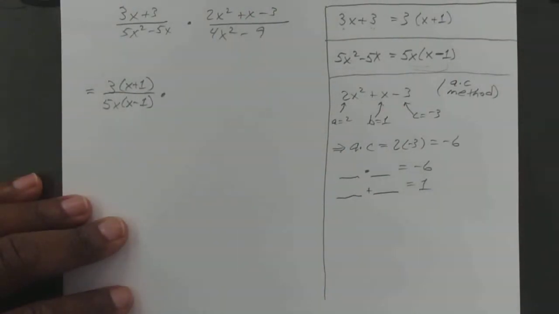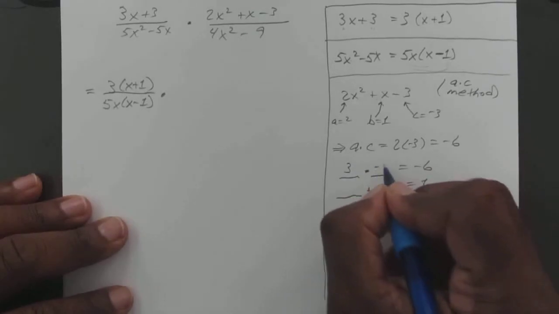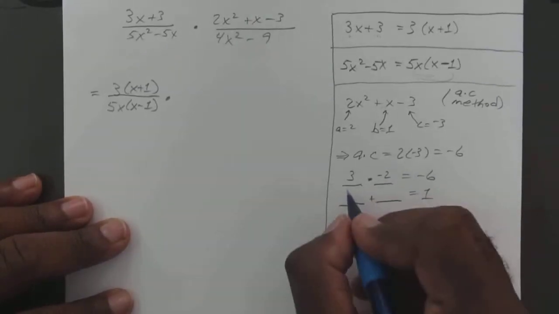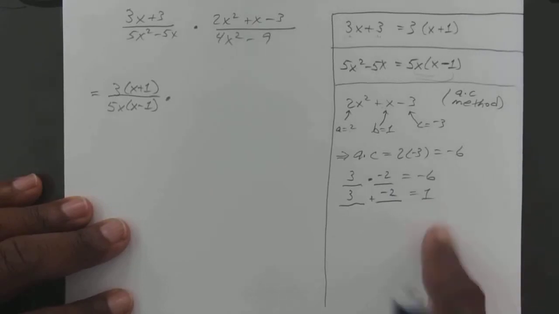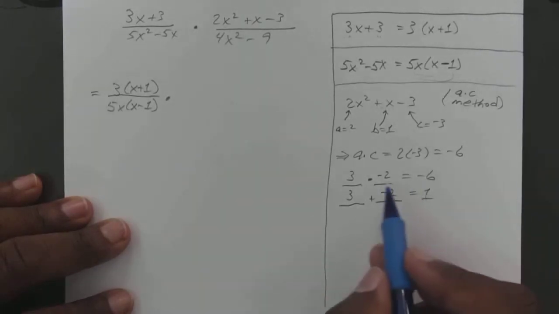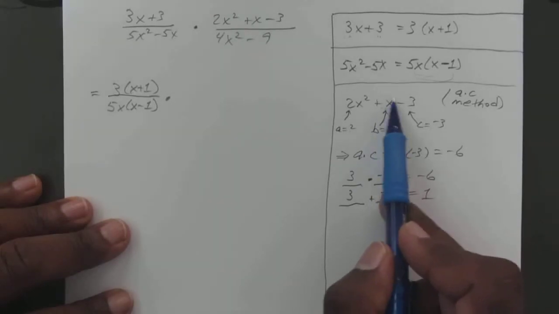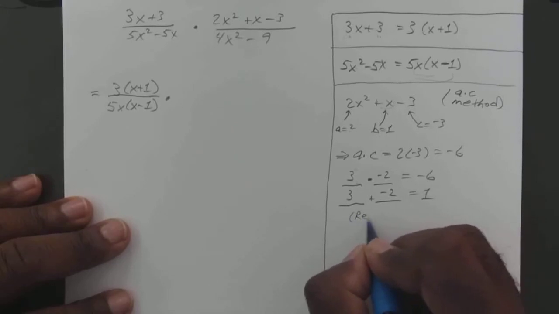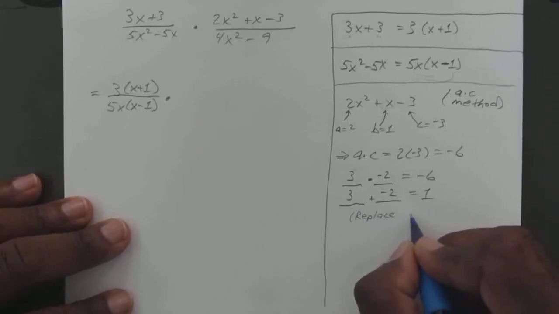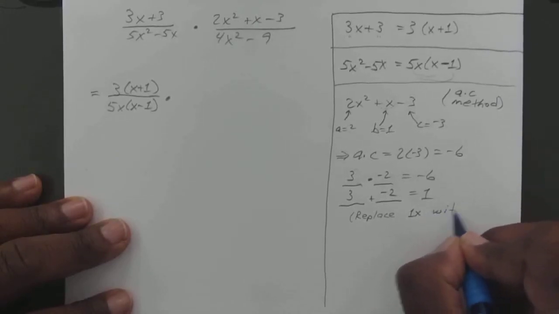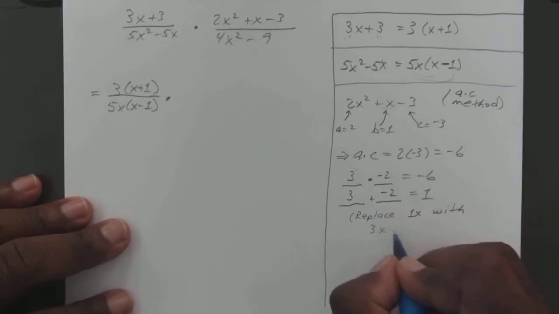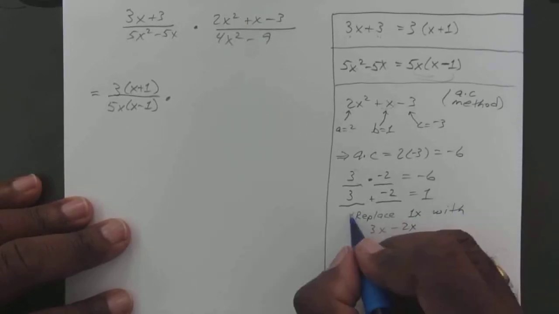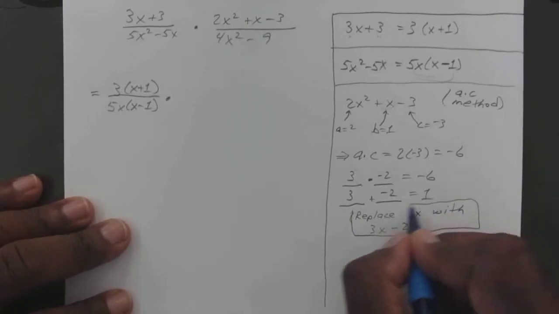Any ideas? 3 and negative 2. Yep, 3 and negative 2. So 3 times negative 2 is negative 6. And 3 plus negative 2 is positive 1. So now we're going to replace our x value, or say 1 times x, with 3x minus 2x.